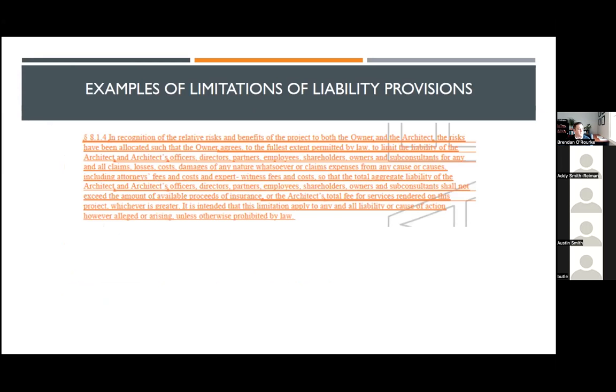Here are a few examples of limitation of liability provisions. Again, this is language that I would add to a standard contract that ties it to the amount of available proceeds of insurance or the architect's total fees, whichever is greater.